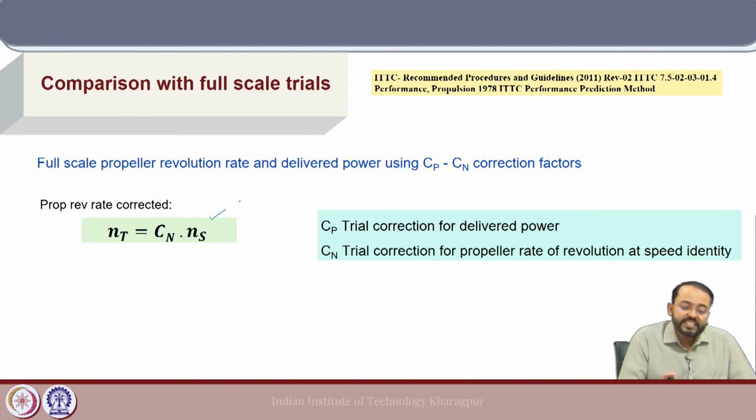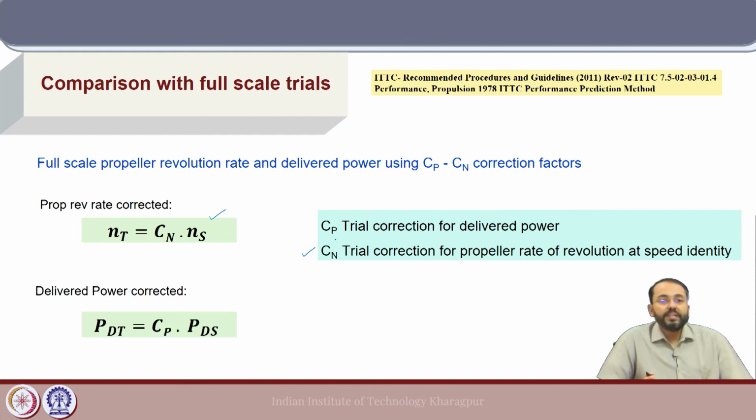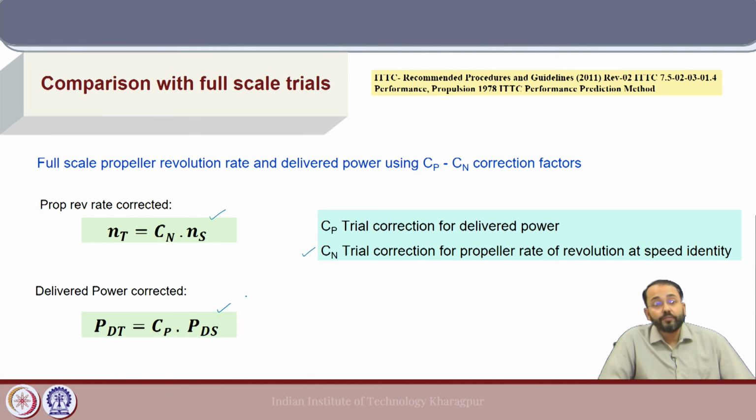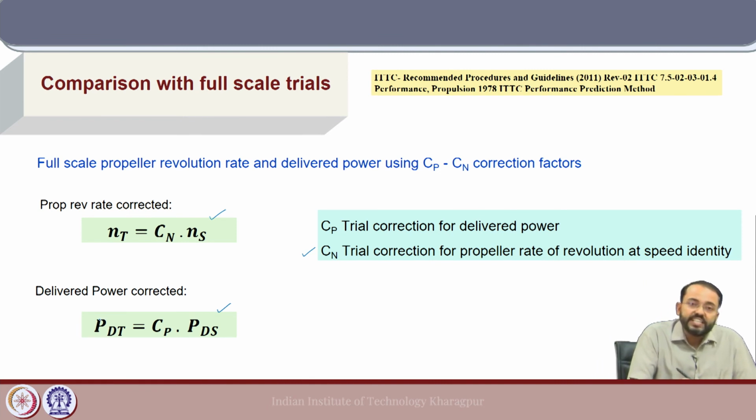Now, this ns, using this correction factor Cn for the propeller rate of revolution, we can convert it to Nt, which is the trial value of the propeller revolution. Similarly, we can use another correction factor Cp to convert the calculated value of the delivered power of the ship in the full scale to the trial value PdT.